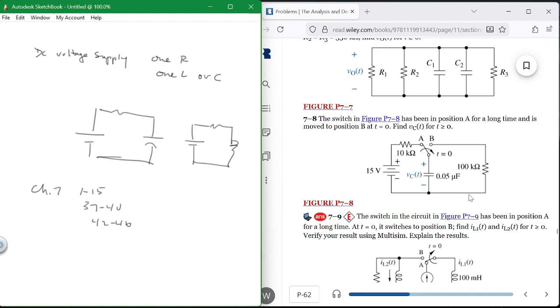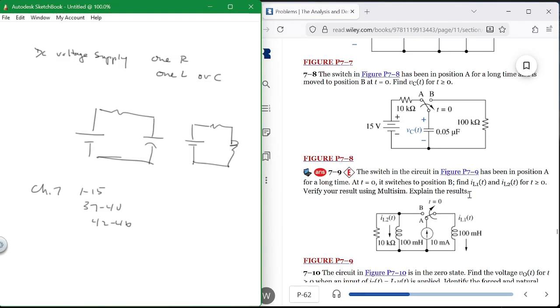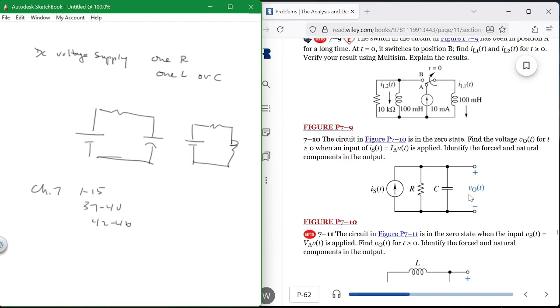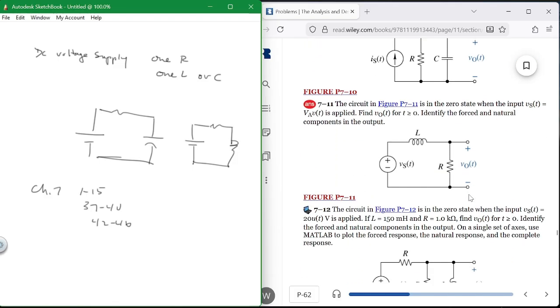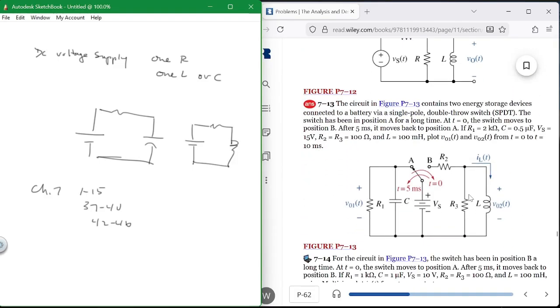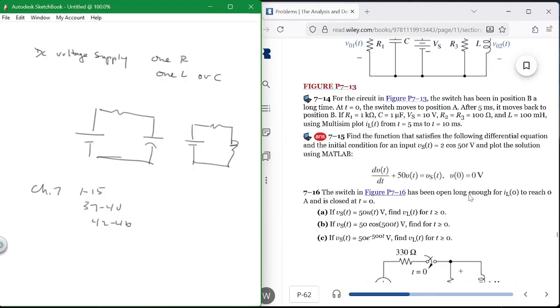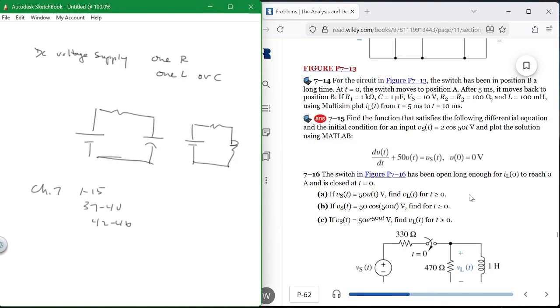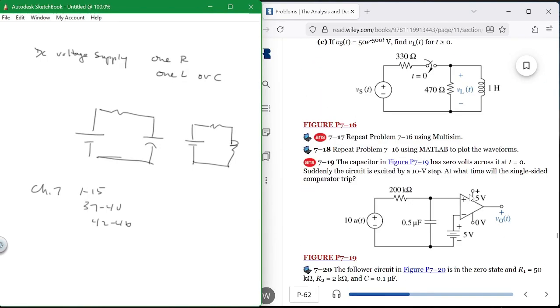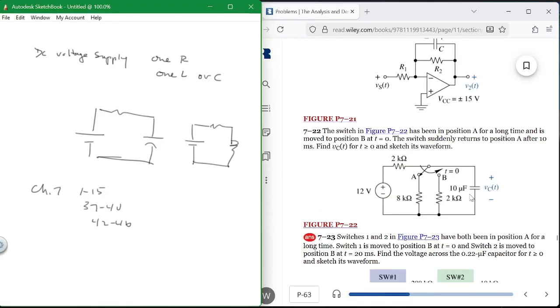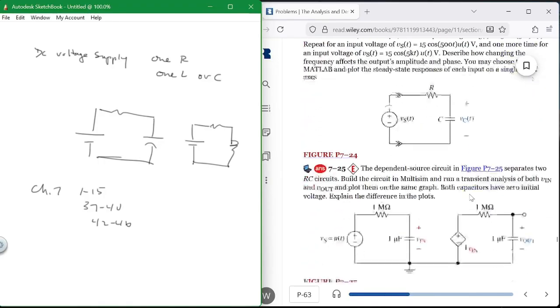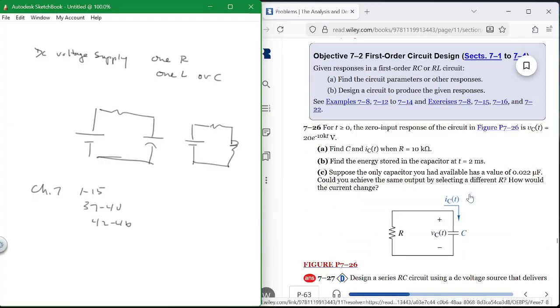Oh my goodness, how do you do this? And then we go down to 37, and down there we do another little bit. And we're done. 37 to 40.